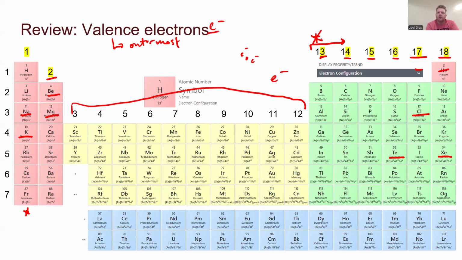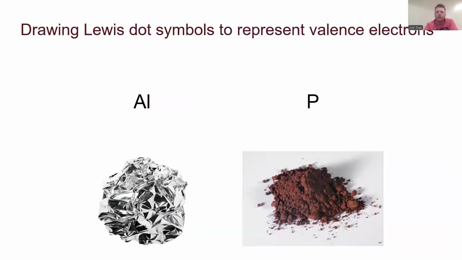These electrons, like this one that I'm drawing a box around, it's pretty far from the nucleus, so it doesn't feel the pull of that nucleus. Now, those valence electrons are critical, and arguably the most important electrons when it comes to understanding how a particular substance either reacts or acts around different chemicals.